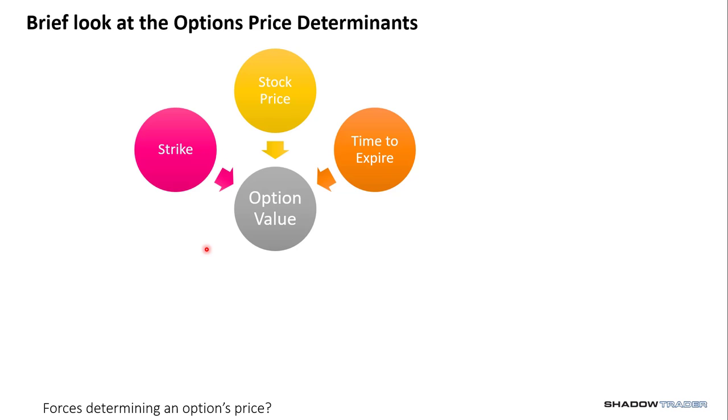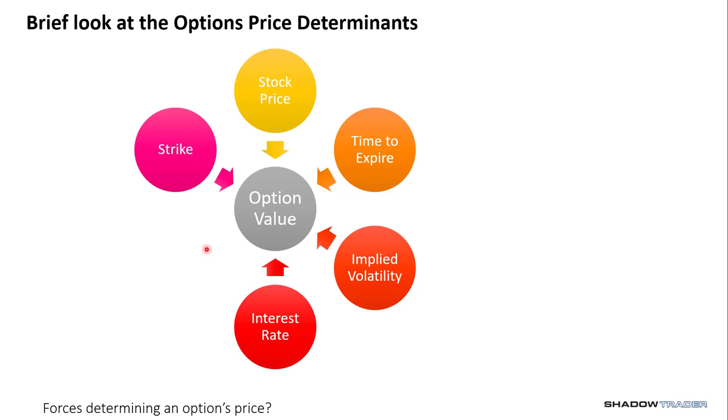Those are the three main items that give you a price for the option. Now, we also have to look at the expected movement between today and the expiration. This is called implied volatility. That's the expected move that the underlying could make between now and expiration.